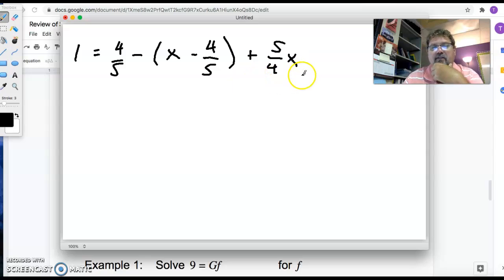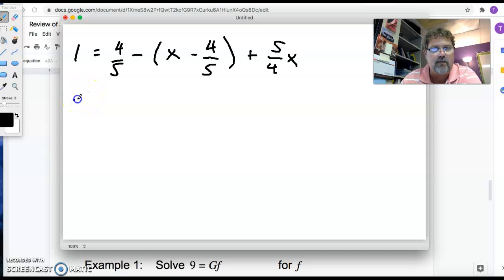And in this case, when I say multiply by the LCD to clear all of your fractions, it's clear that the LCD is 5 times 4. It's 20, just like it was last time. So we're going to multiply everything in here by 20.